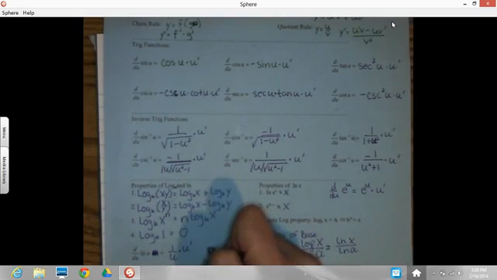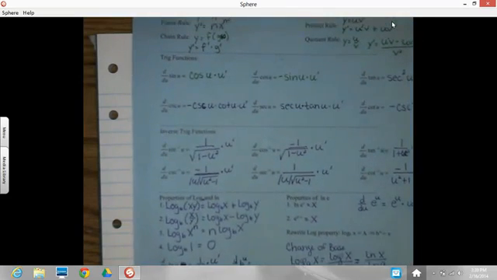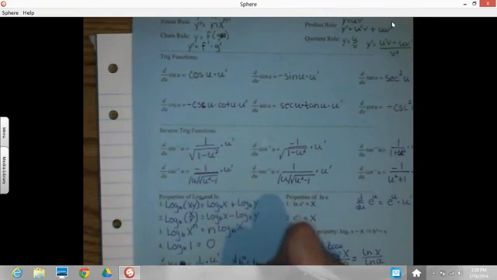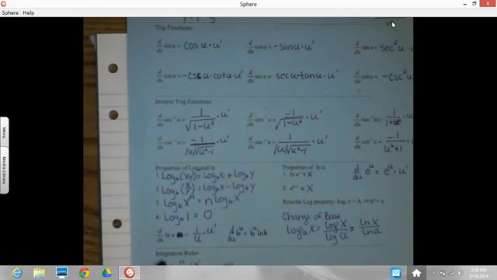The derivative with respect to u of b to the u is b to the u itself times the natural log of b. There it is. So the derivative of b to the u is itself times the natural log of b.